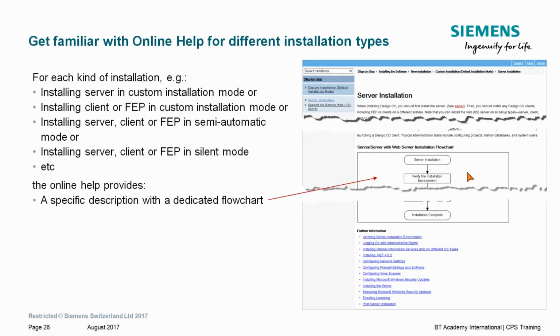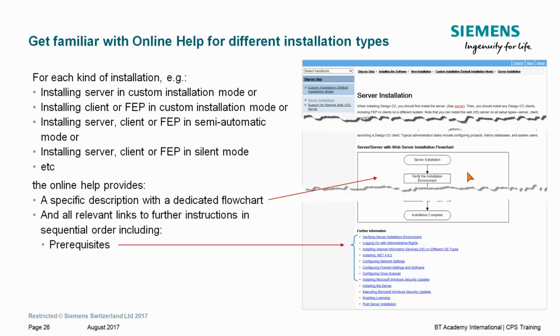For each of those installations you have, first of all, a flowchart, and then links to further instructions in sequential order. This first row of features in sequential order are all prerequisites.